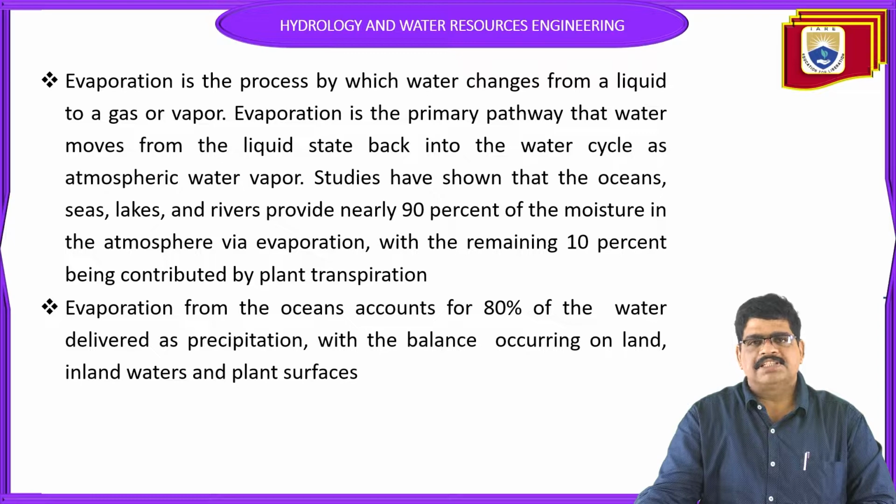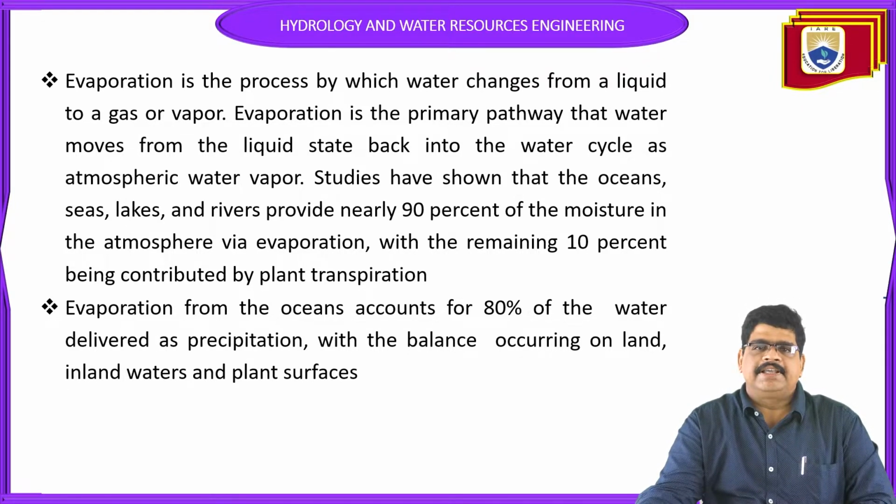So evaporation is primarily that water moves from the liquid state into the water cycle as atmospheric water, from oceans, seas, lakes, ponds, rivers like that. Nearby 90% of the moisture in the atmosphere comes via evaporation only, with the remaining 10% controlled by plant transpiration.